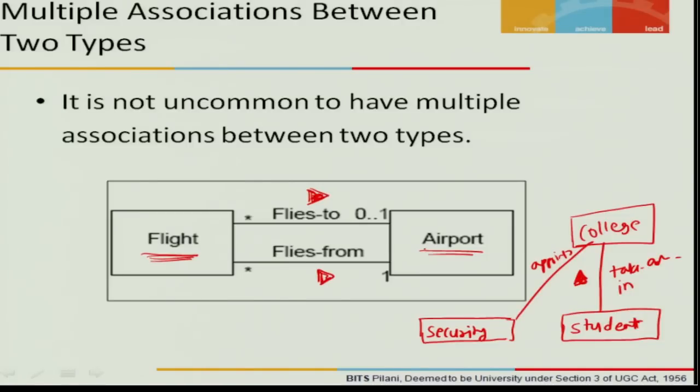These are two different relationships. In the first relationship, flies to, the airport appears as the destination for this flight. And in the second relationship, that airport appears as the source of the journey. So these are multiple relationships between two domain concepts.